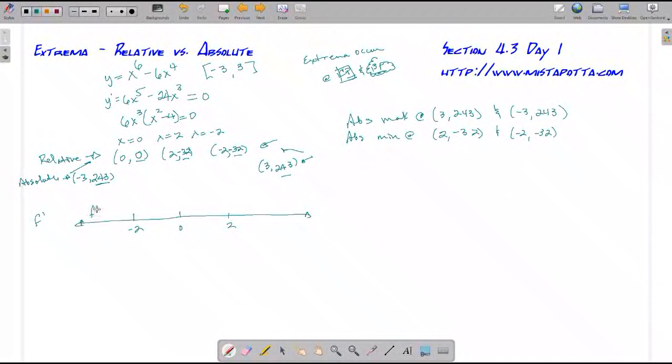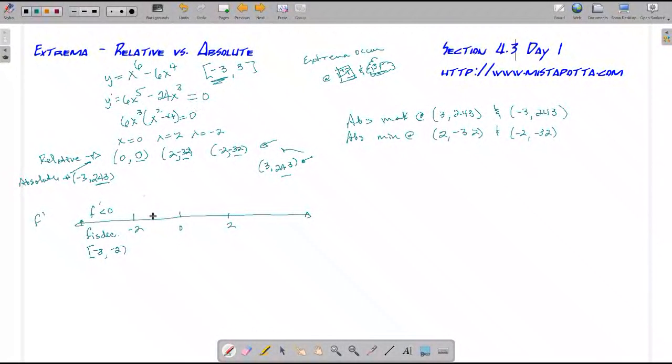So on this interval, my derivative is less than 0, which means f is decreasing on the interval from negative 3 to negative 2. And again, remember this negative 3 comes from my artificial domain that I instituted here.